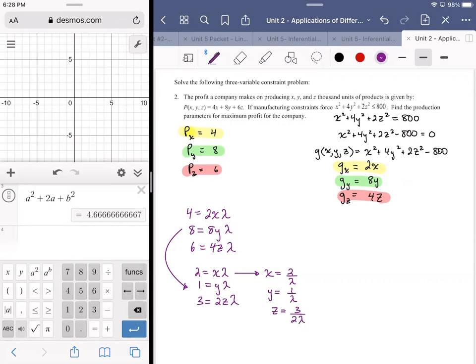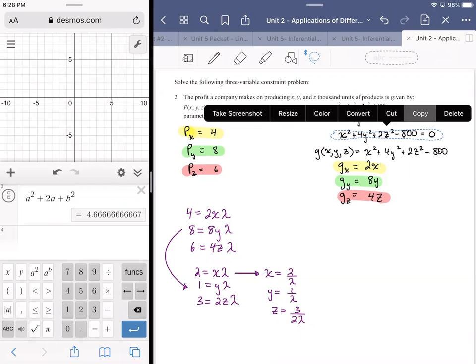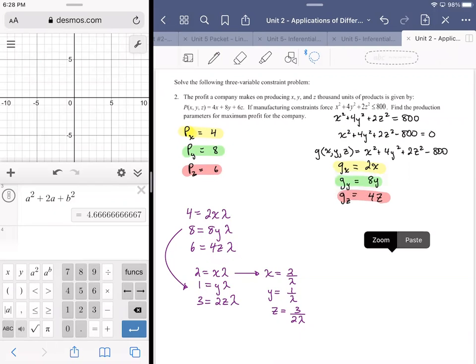Now it's at this point where you might say, oh, dang it, I wish I put the lambda on the other side, because then I wouldn't have lambdas in the bottom of fractions. In the end, it's not going to make much of a difference, so I wouldn't worry about that. Because, and this is very important to realize, lambda is not a variable.